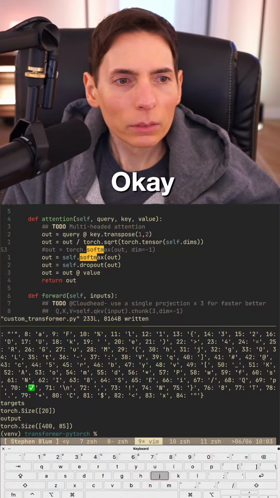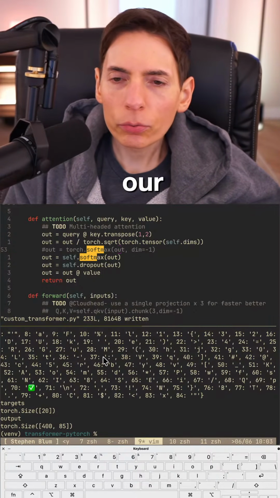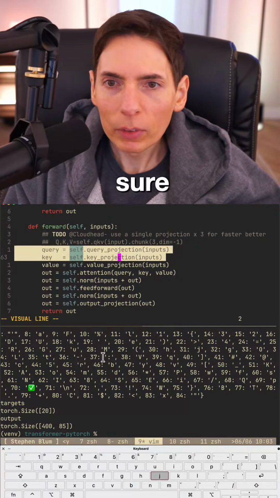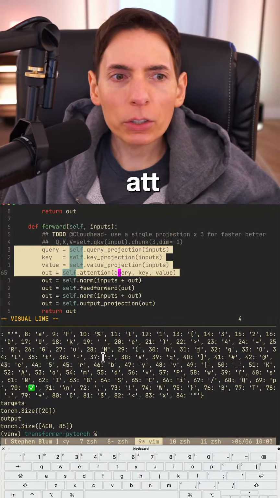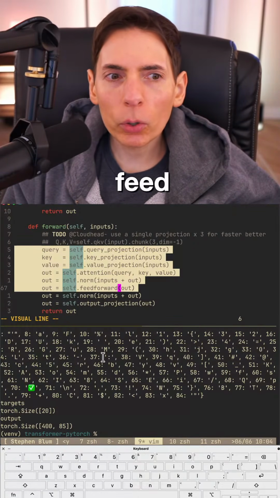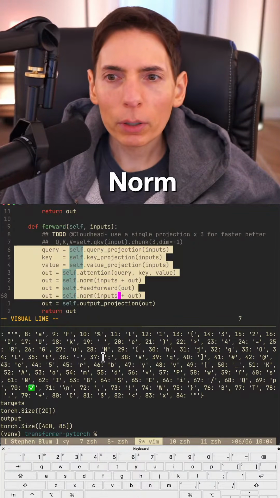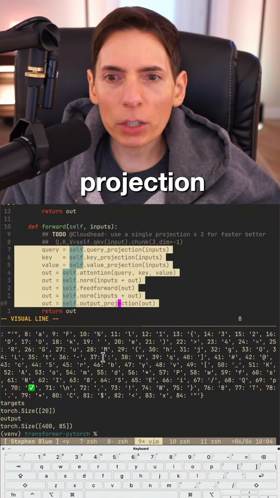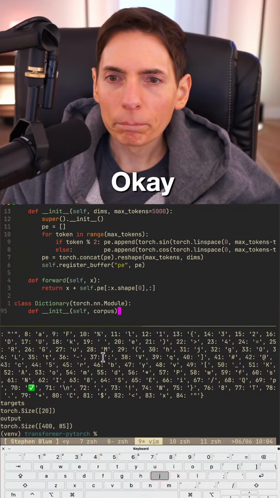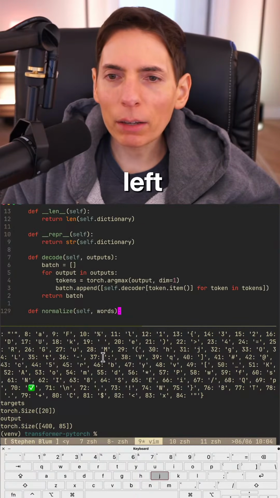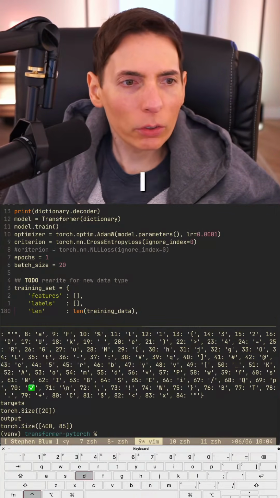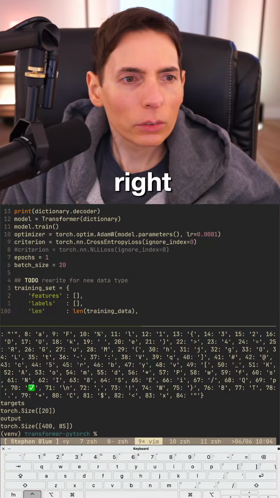Then let's look at our forward where we're at here. I'm pretty sure this part's all good. Query, key, value, attention, norms, plus output, feed forward, another norm, and then output projection. Looks good to me. Okay. Then what do we have that's left? What's missing? Did I do everything right? Let's see here.